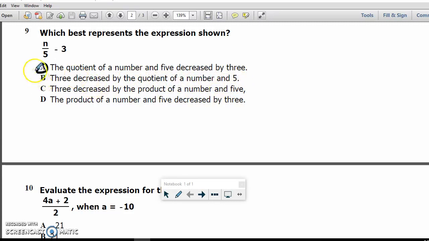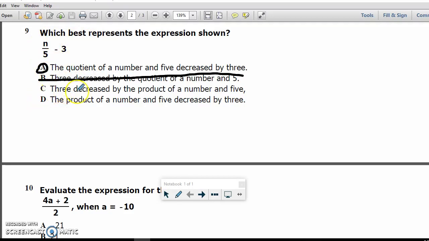And remember, you can't just flip around any number that is being subtracted because this is not like the commutative property. So B is not correct because decreased by is not a turnaround word. And 3 would have to go in front. And it's not the case in this expression.